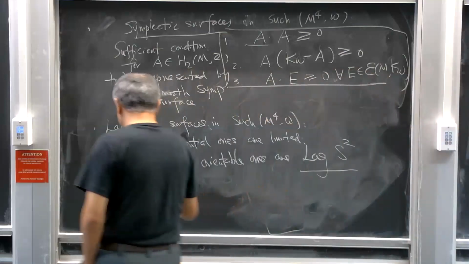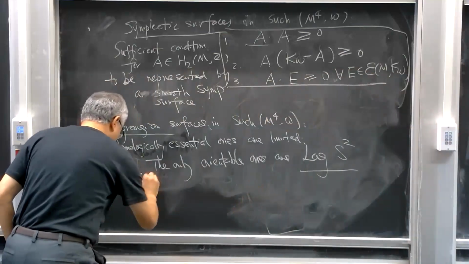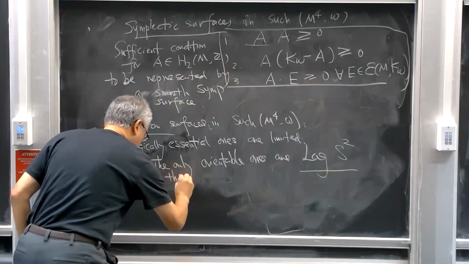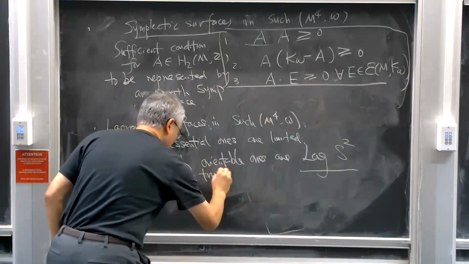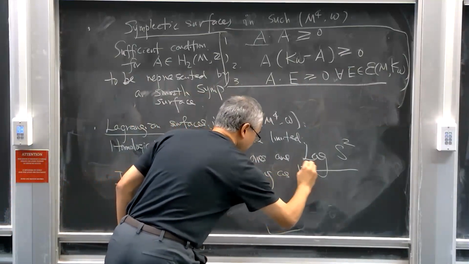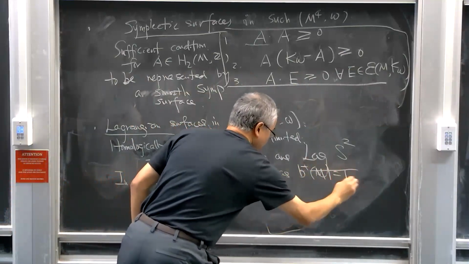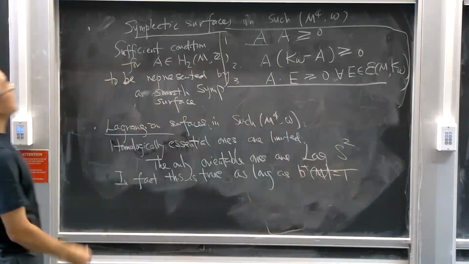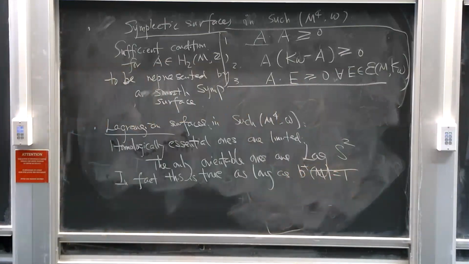So in fact, this is true. So that's B plus. I already noted that the B plus of such four manifolds is always equal to 1.